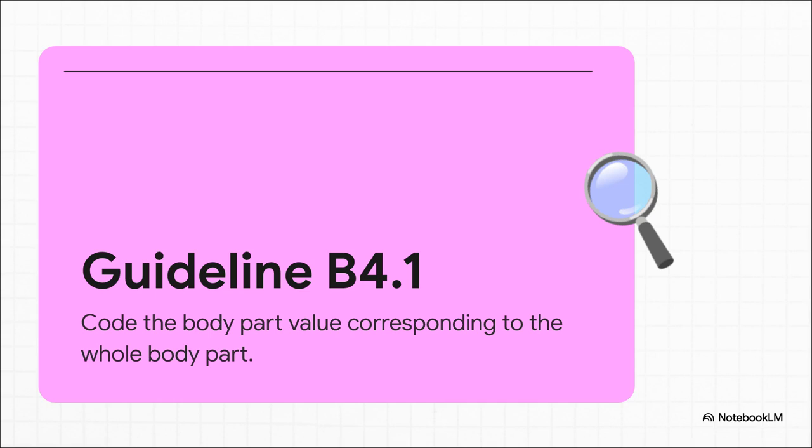It plainly states that if a procedure is performed on a portion of a body part that doesn't have a separate specific body part value, you just code the body part value corresponding to the whole body part. For example, if a procedure is done on the alveolar process of the mandible and there's no specific code for the alveolar process itself, you simply code it to the whole body part, which is the mandible. It saves you from guessing.